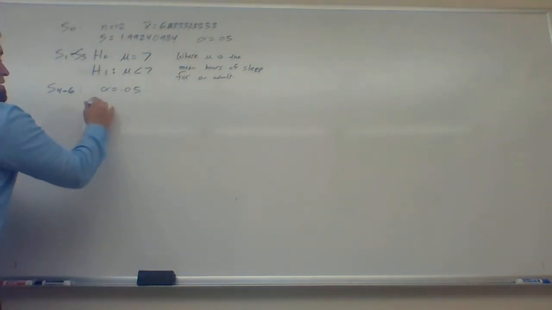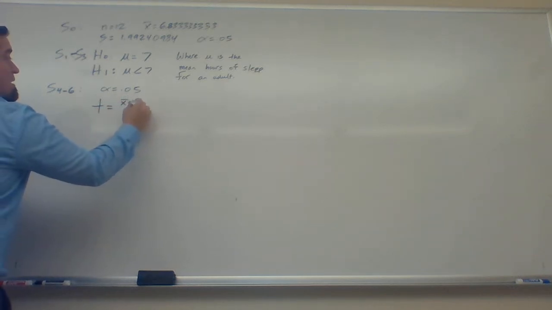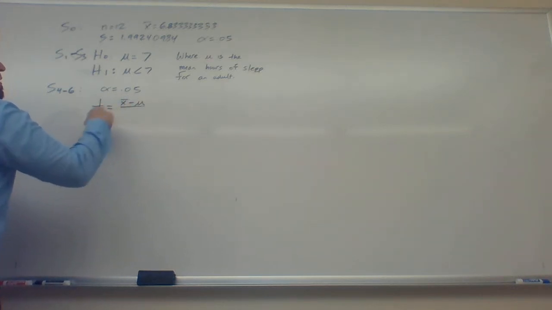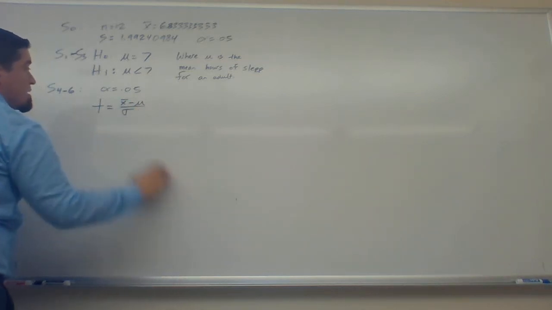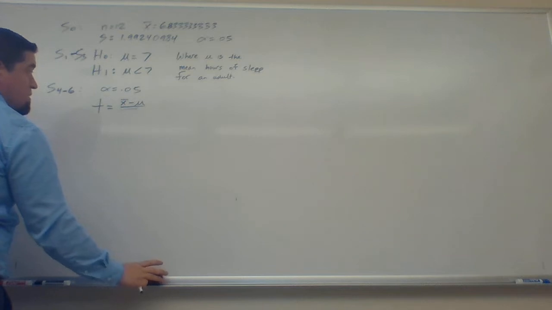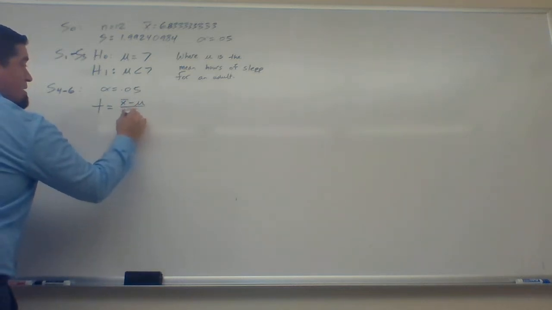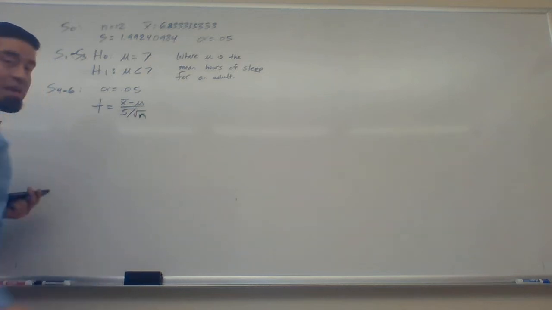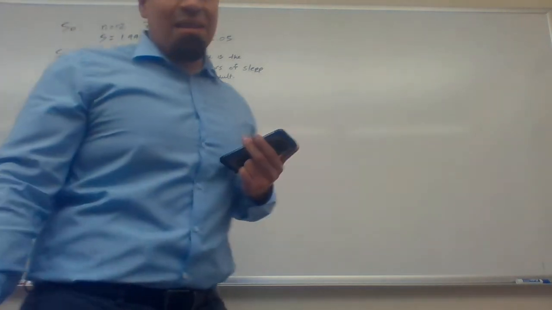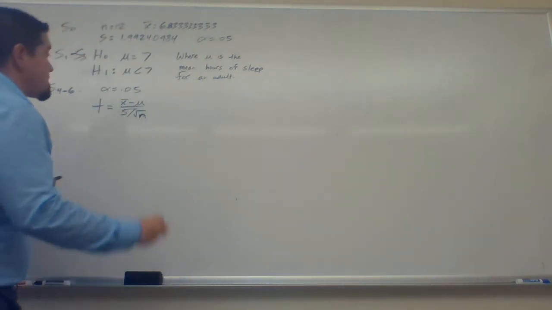So in this section, we're going to use a t-test for sample means, which is denoted by x bar minus mu over s divided by the square root of n. We will calculate this.